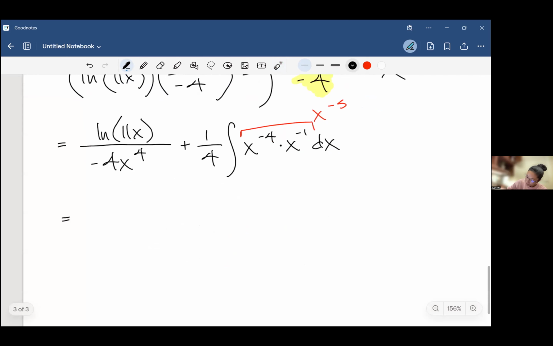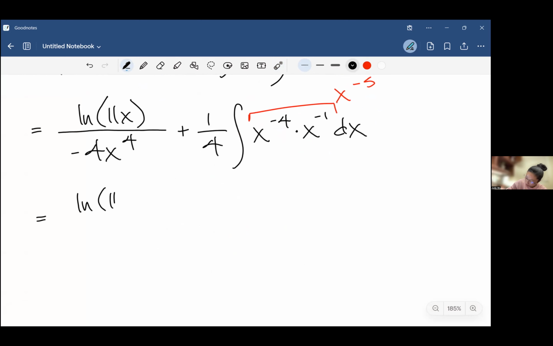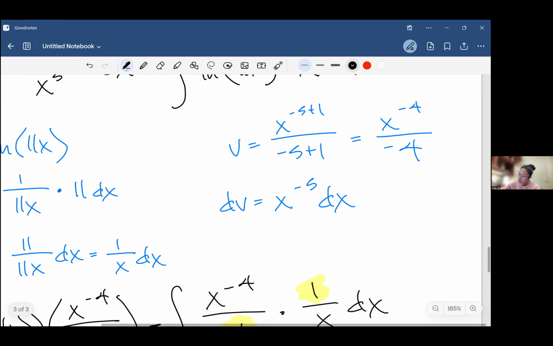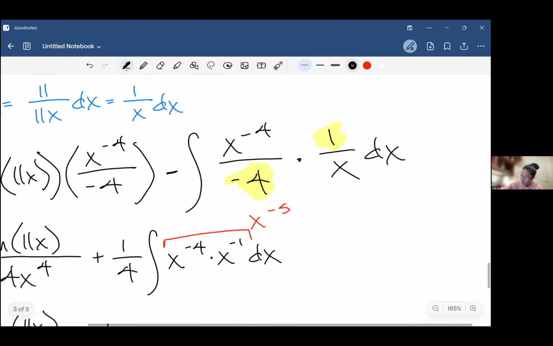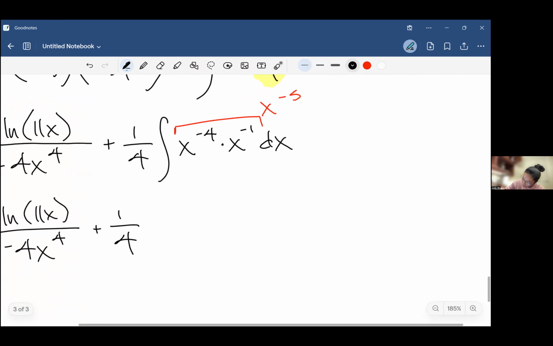So we get natural log of 11x over negative 4x to the 4th plus 1/4. What was that integral again? That's right, x to the negative 4 over negative 4, times x. We're being a little fussy right now.